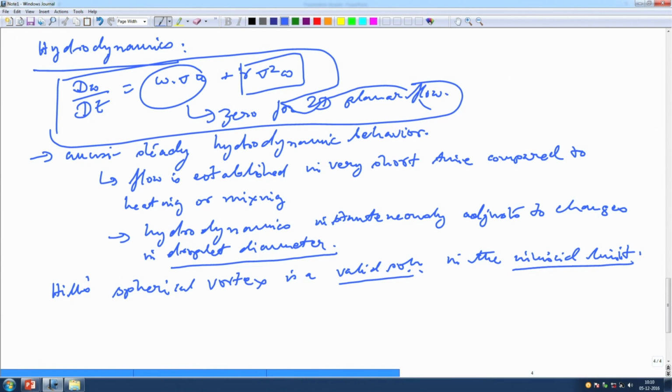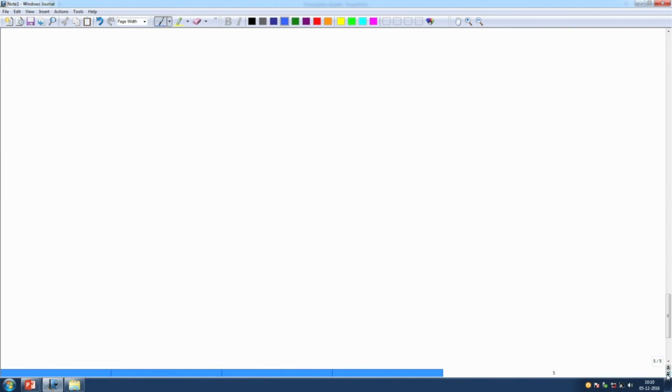Now, a solution of this kind is usually written as, let us go to the next page before we write it. Omega is basically given as 5 a tilde r sin theta. We will come across what that exactly means.